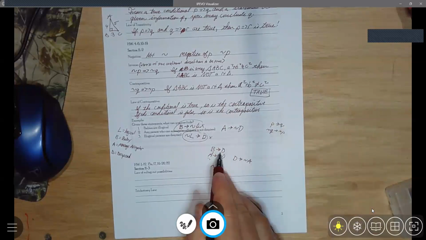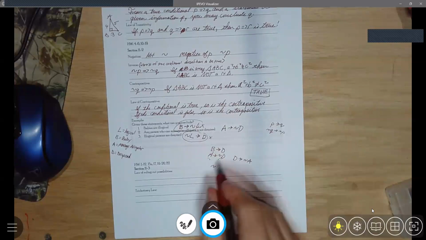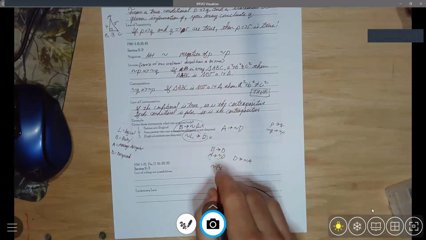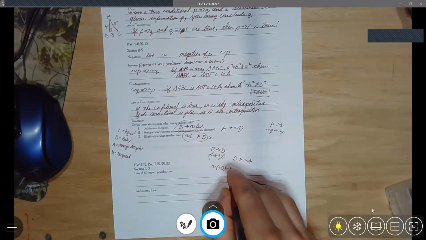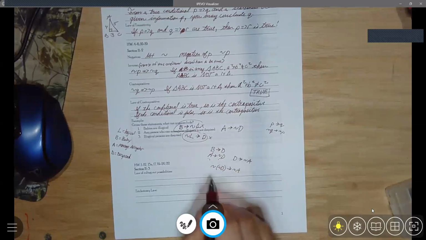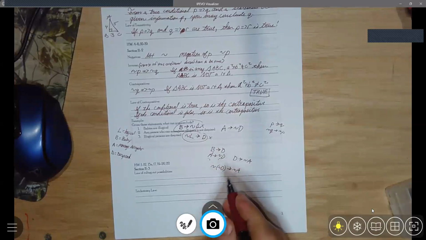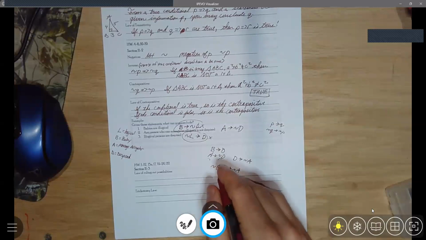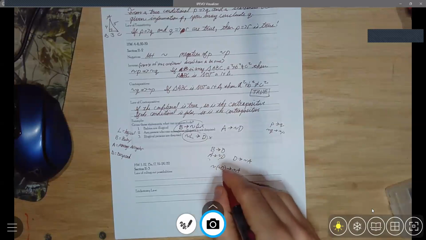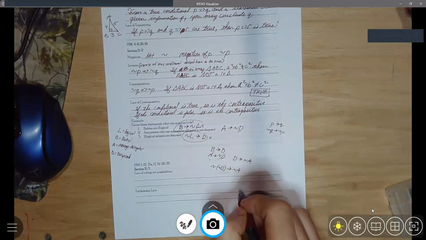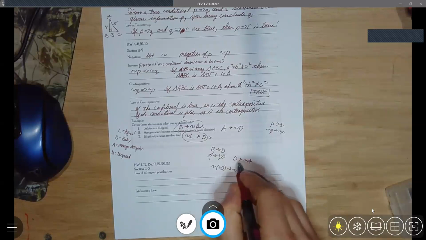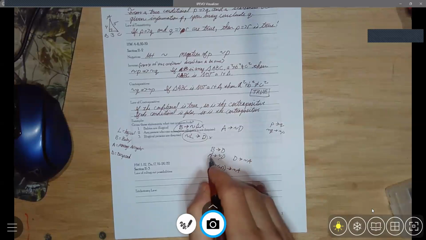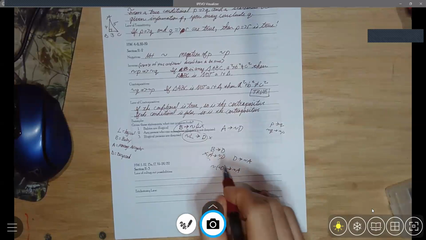In our case, the not D is filling the Q position. So we're going to do a not D implies a not A. So two negations, just like in grammar, a double negative gives you a positive. So not D is just D, and then not A is not A. So this one has been rewritten.